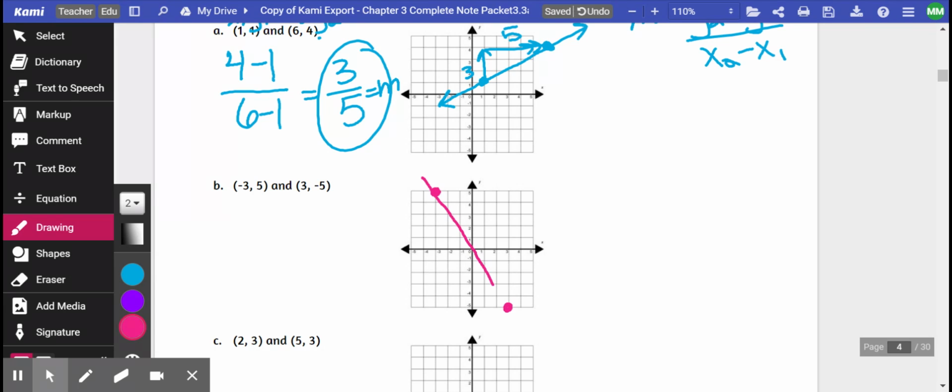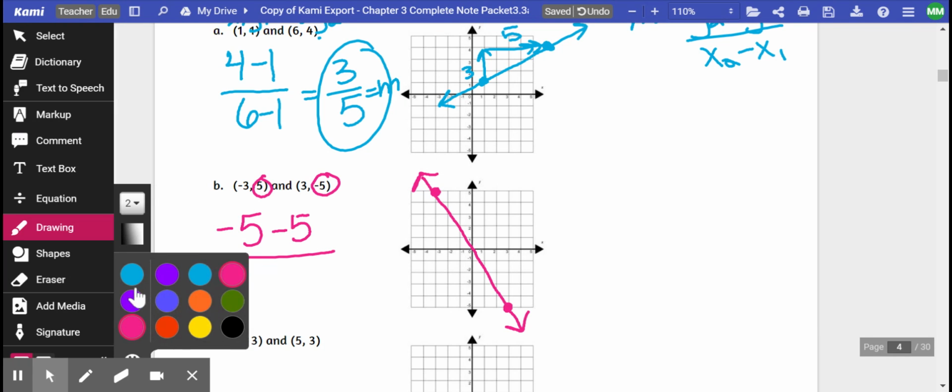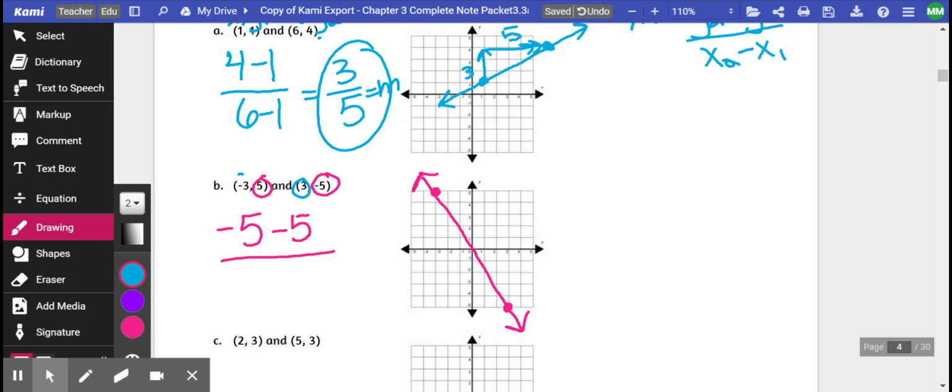So I should see a negative slope because I can see that I'm going left to right, I am going down, I am decreasing. So I'm going to take my second y minus my first y. Then I'm going to take my second x minus my first x.